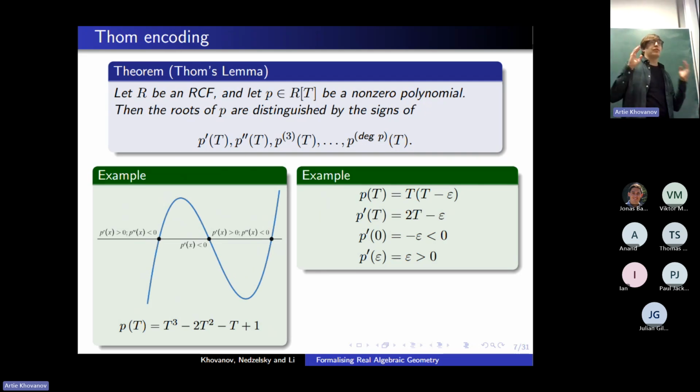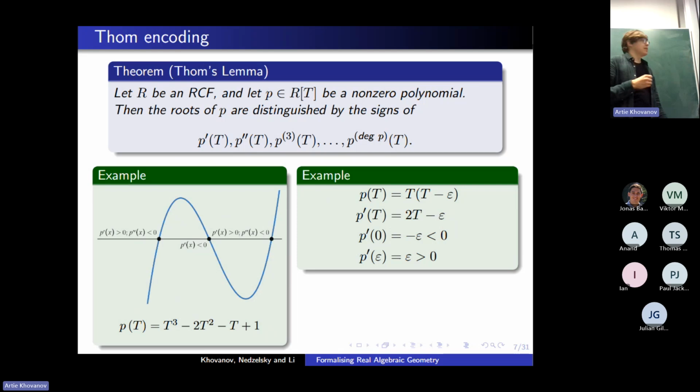This is another one of the really fundamental theorems that we need to prove before we can even start talking about formalizing algorithms in computational real algebraic geometry. It says that if you're in a real closed field and you have a non-zero polynomial p, then the roots of p are distinguished by the signs of the derivatives, the higher derivatives of p.